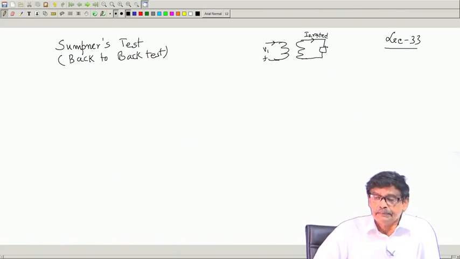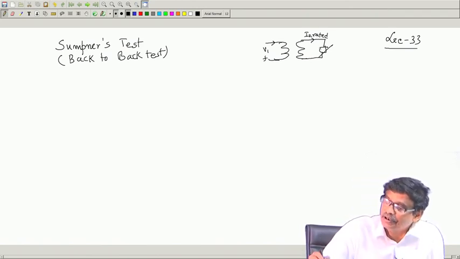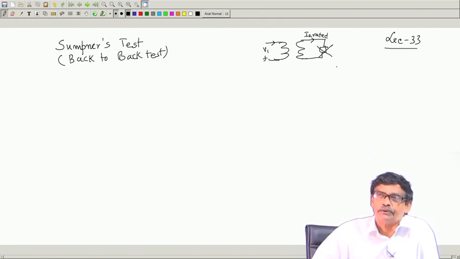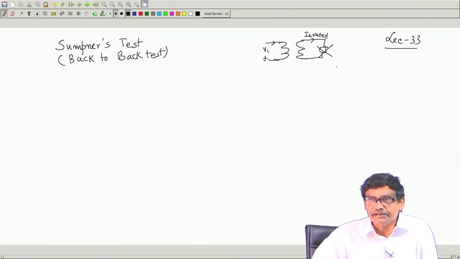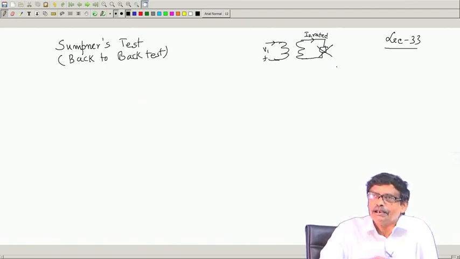In this test, what is done? Do not use actual loading, never. But at the same time, create such a situation that the transformer will feel it is fully loaded. That is, rated voltage applied, rated flux will be there, and also the windings will carry rated current.